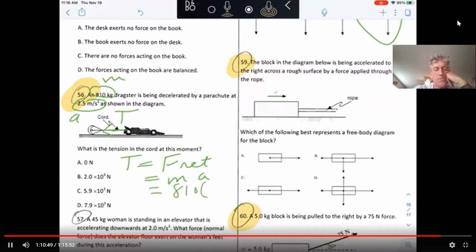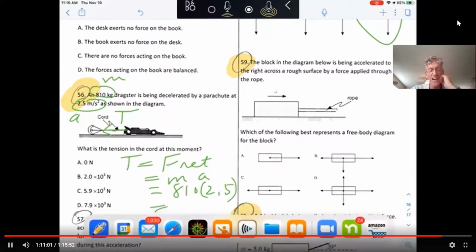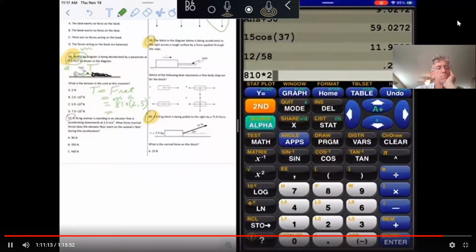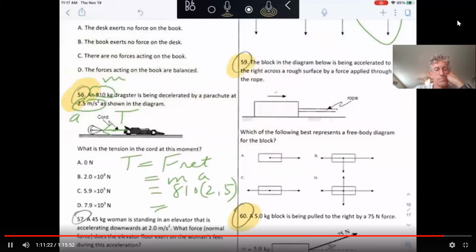So the net force would be the tension. And that comes out to be 10 times so many newtons. So 2025 is like 2,000, which is 2 times 10 to the 3.